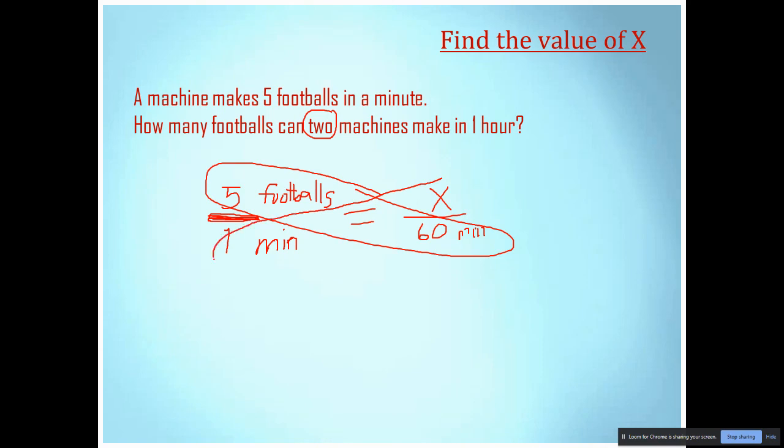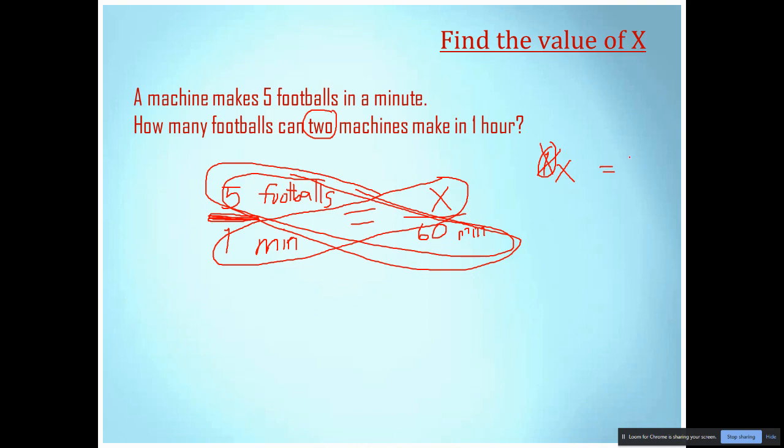So first we start with the 1 with the variable x. So 1 times x equals, if it's 1, you don't have to write down 1. You can just erase the 1 there. So x is equal to 5 times 60, which is 300.